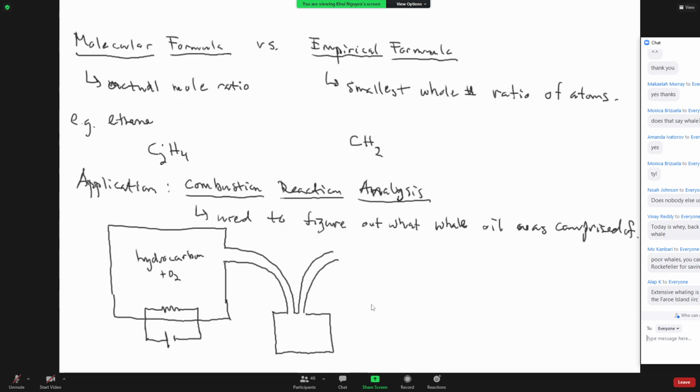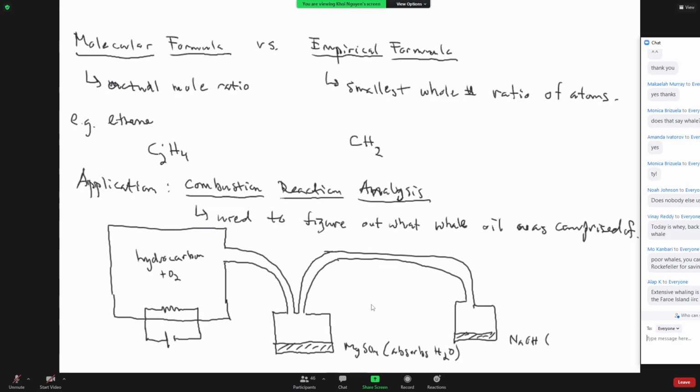At the bottom of that chamber, we're going to have some magnesium sulfate. The whole point of having magnesium sulfate is so it absorbs water. And then there's another chamber that this goes to. At the bottom of that chamber, it has sodium hydroxide. And this absorbs carbon dioxide. Okay?